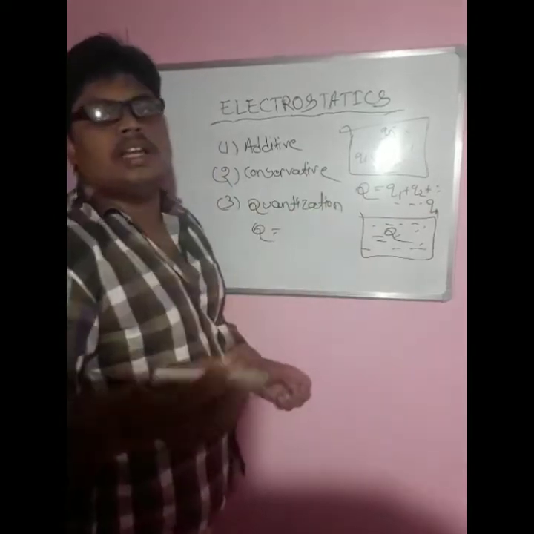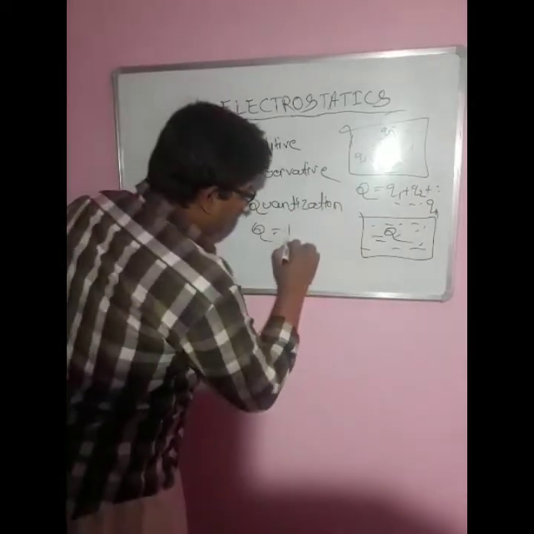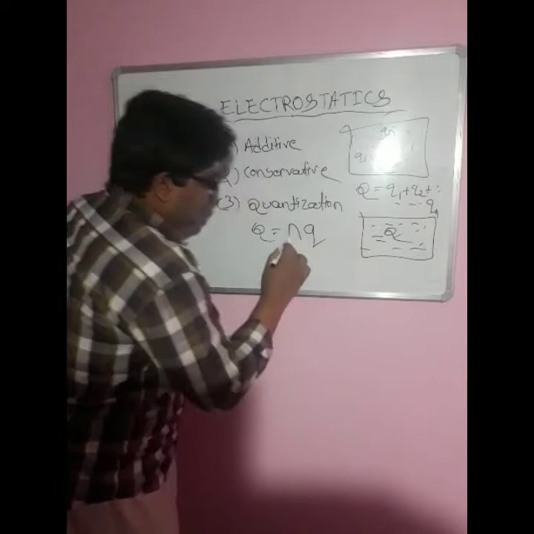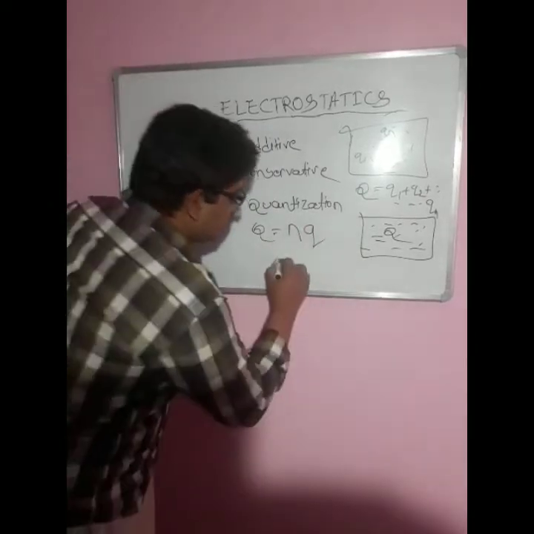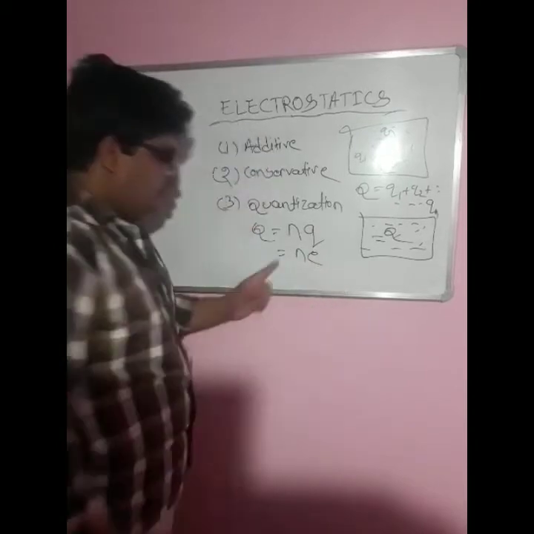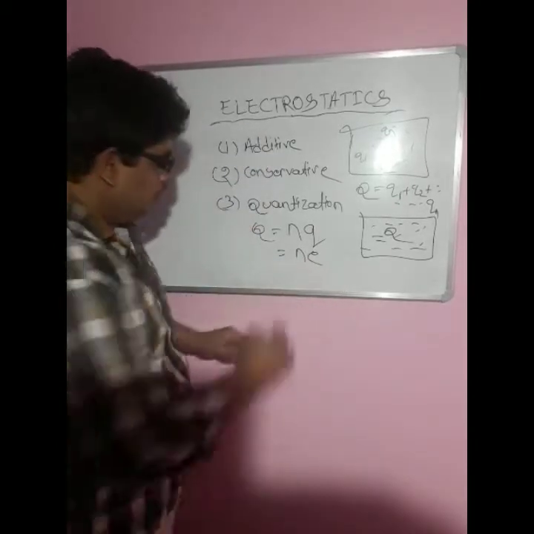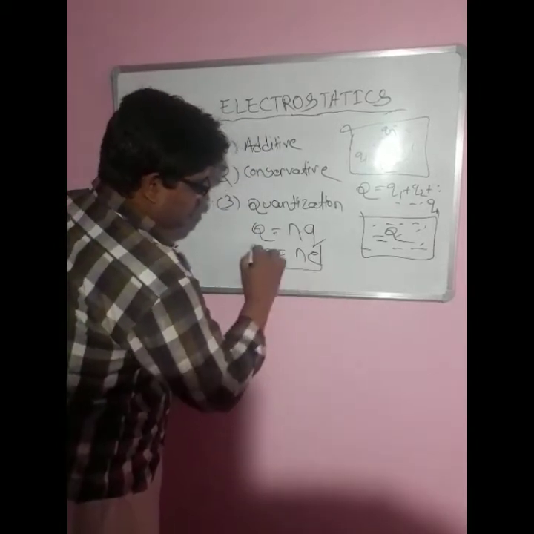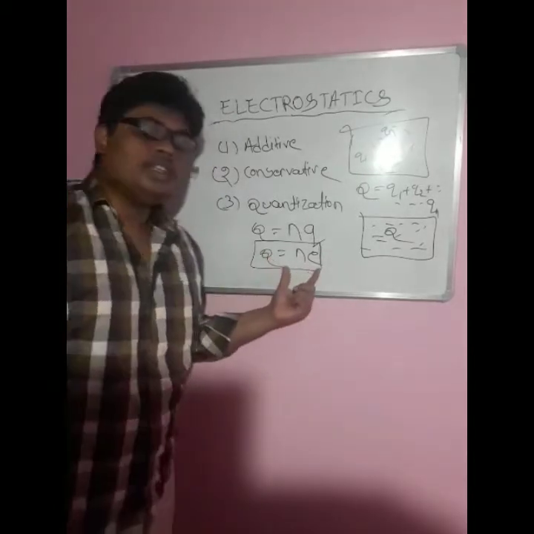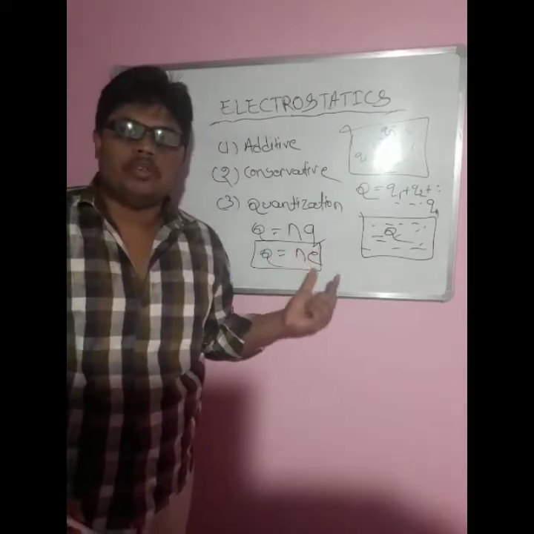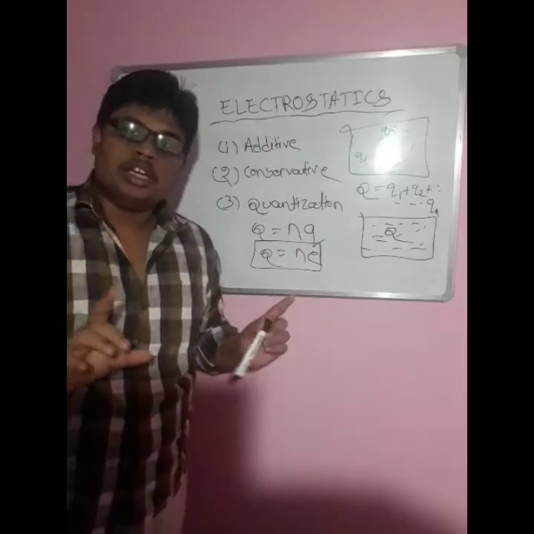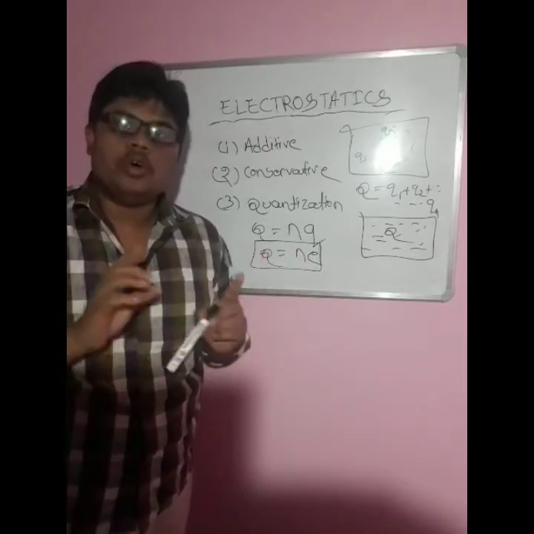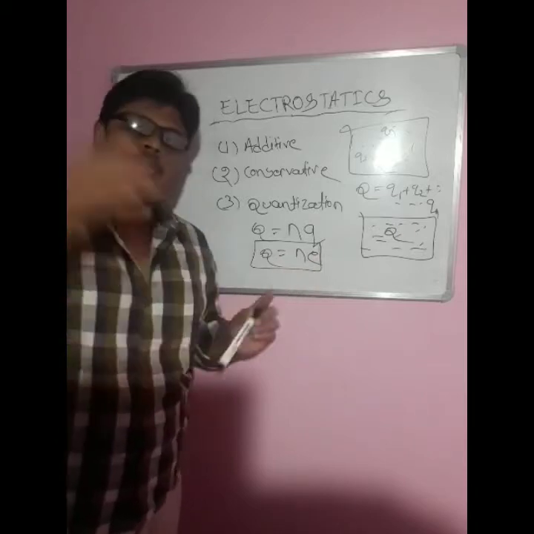If there are n number of electrons, then Q is equal to n into e. Okay? Q is equal to n e. This is called quantization of charge. Here n is not a fraction, it is only a whole number: 0, 1, 2 up to n.